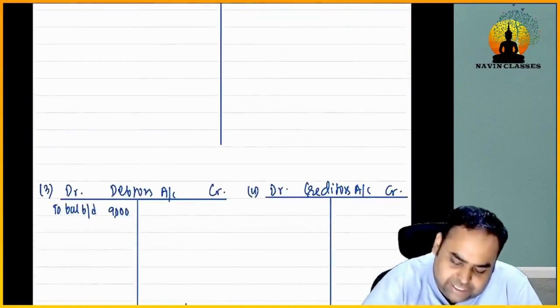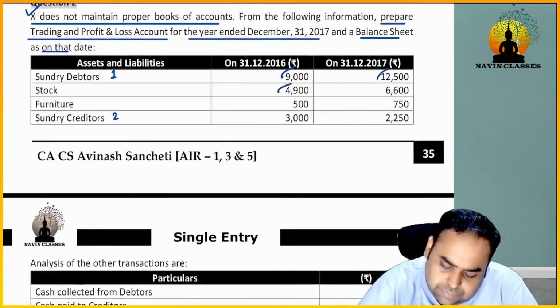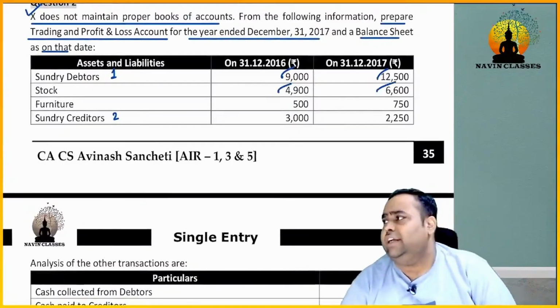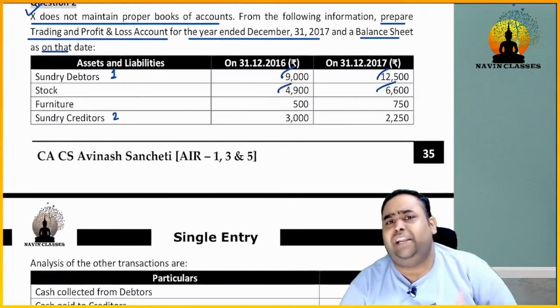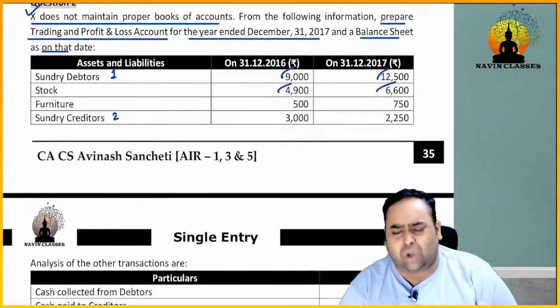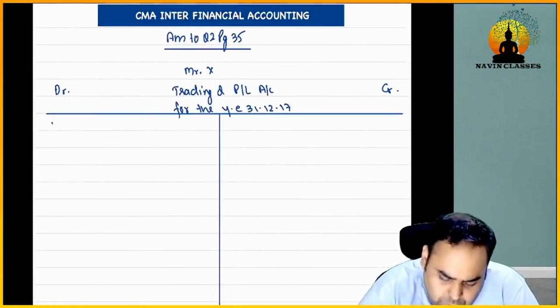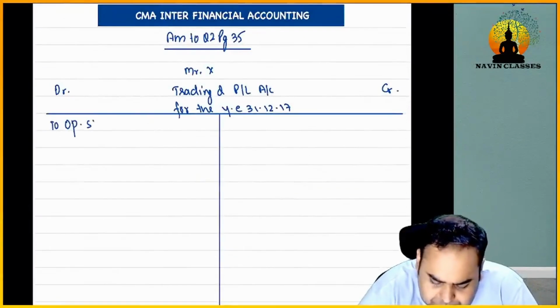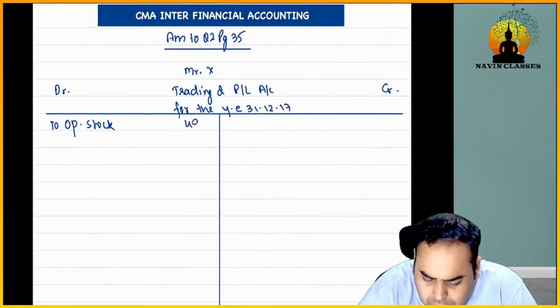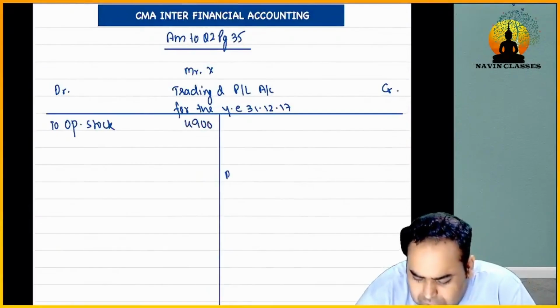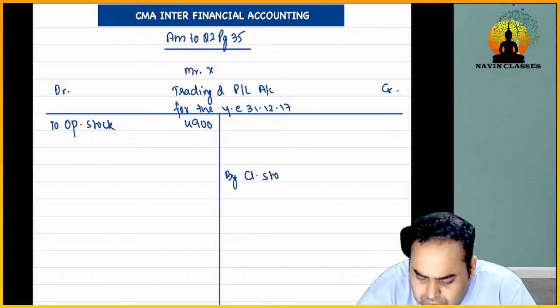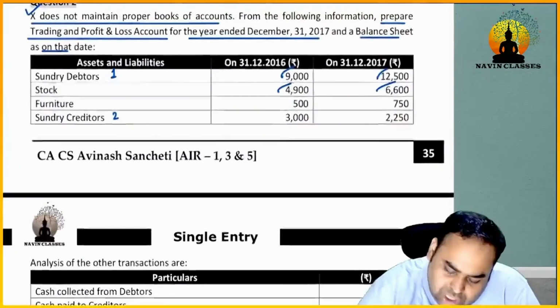After debtors, the next balance I have is the stock account. Where will it go? The stock will first go to the trading account. Trading account to opening stock 4,900. By closing stock 6,600. Opening stock 4,900.